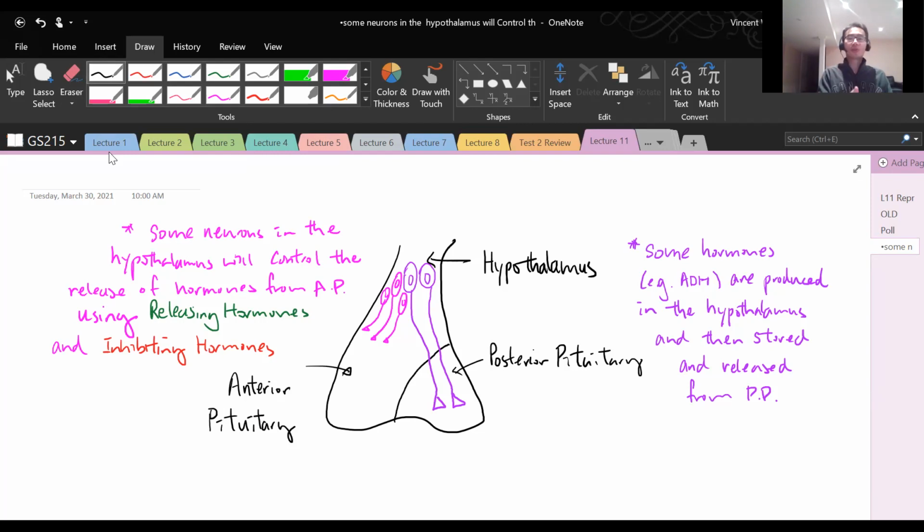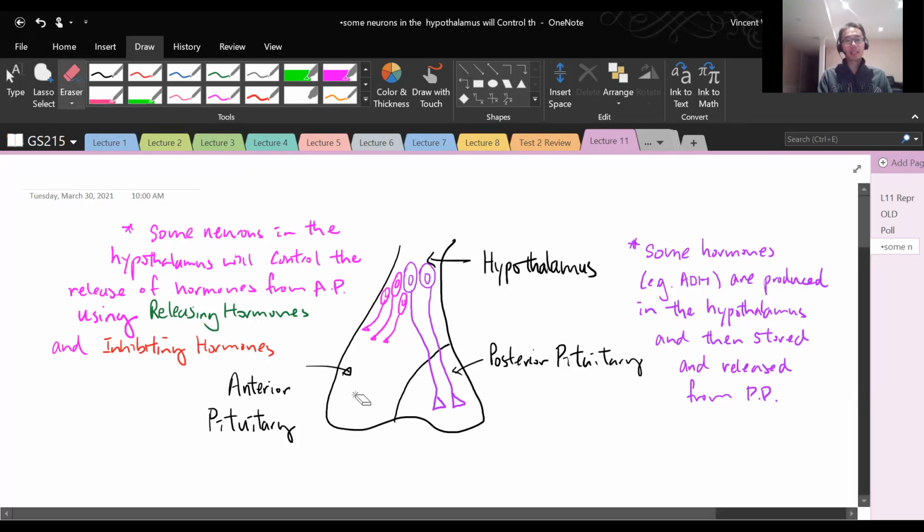Okay, so related to the current unit, the reproductive system, there are 2 hormones in the anterior pituitary gland that are related to the reproductive system. Does anybody know which 2 hormones I'm talking about? The question is, 2 hormones related to the reproductive system that are secreted from the anterior pituitary gland.